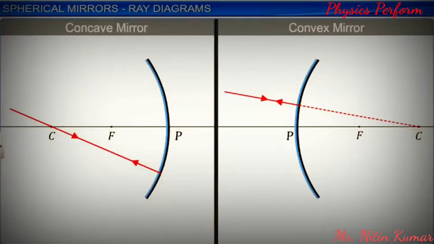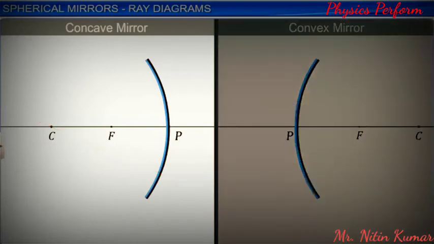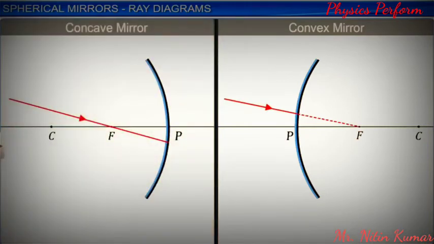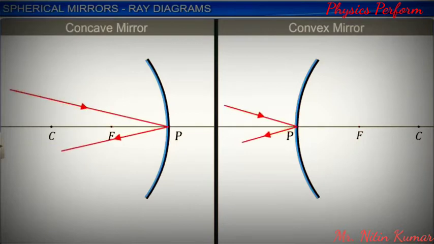If a ray of light initially passes through or appears to pass through the principal focus F of the mirror, then, after reflection, the ray is parallel to the principal axis. 4. If a ray of light is incident at the pole, then the incident ray and reflected ray make identical angles with the principal axis.